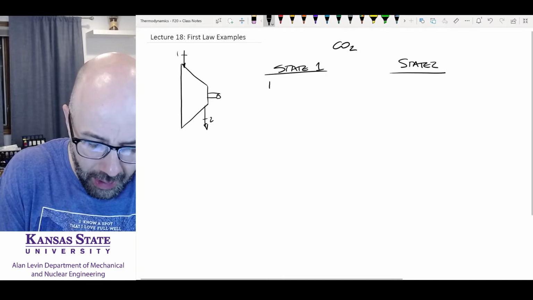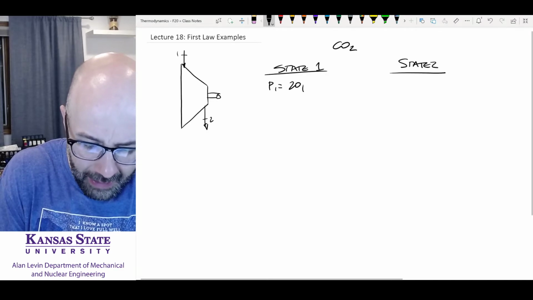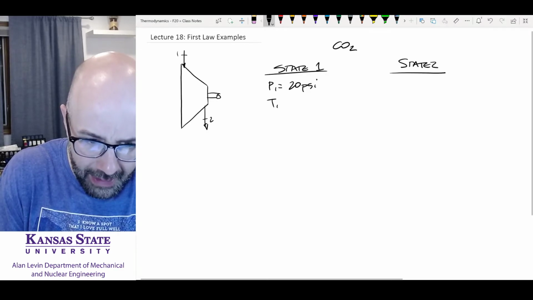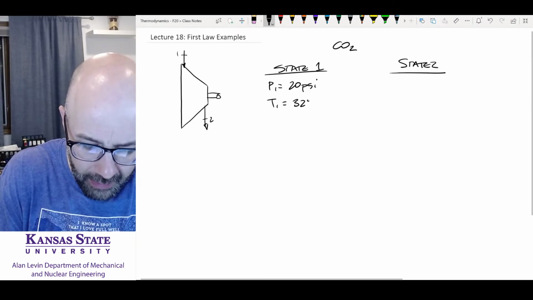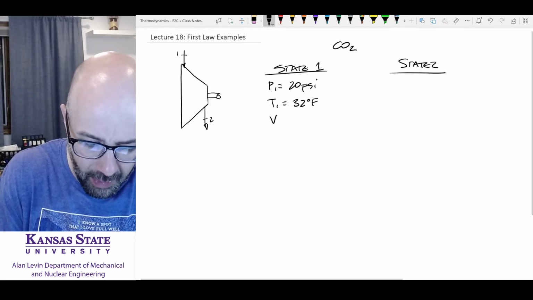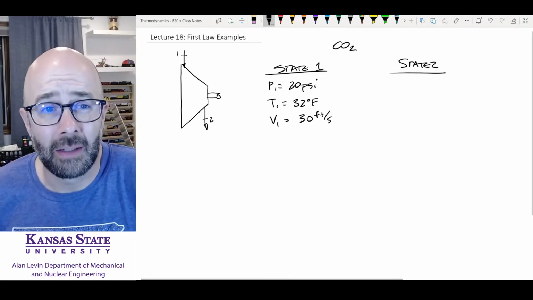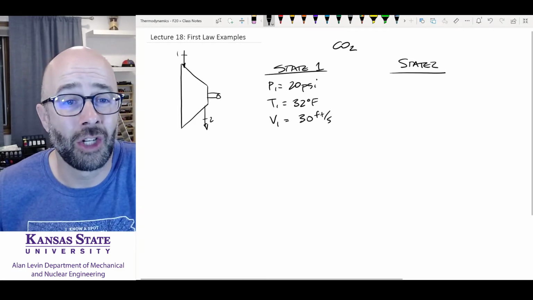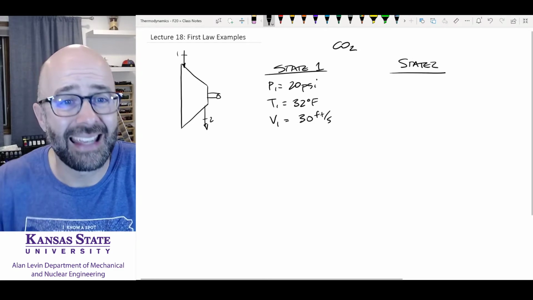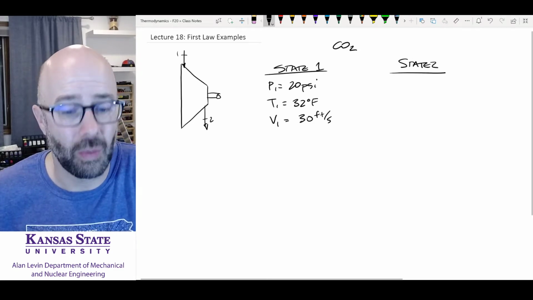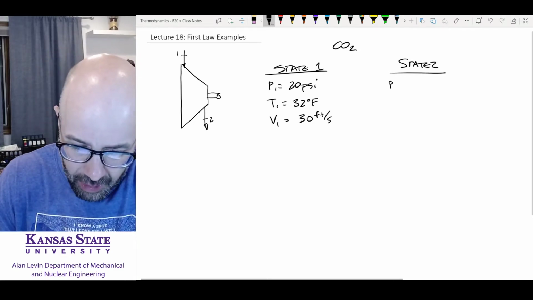Okay, we know the pressure at 1 is equal to 20 psi. The temperature 1 is equal to 32 degrees Fahrenheit, and they give us a velocity of 1 is equal to 30 feet per second. So we are not going to consider that kinetic energy is negligible here because they gave us a velocity to deal with. Okay, the pressure 2 is equal to 50 psi.